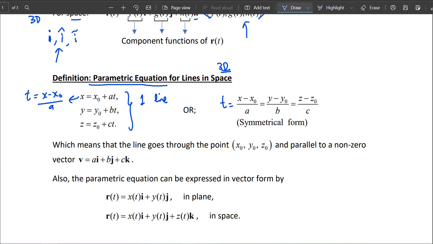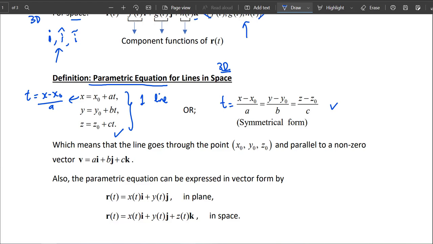So this is the symmetrical form and this is the parametric equation form, which we usually come across. This means that the line goes through the point x0, y0 and z0, and is parallel to a non-zero vector v.